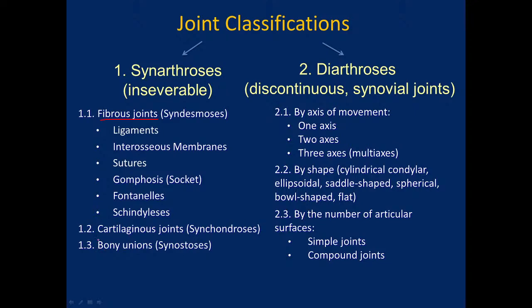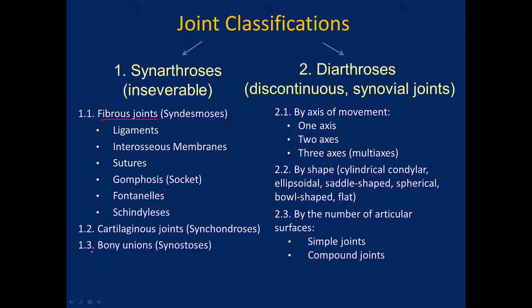Usually this tissue, I mean cartilage, is more rigid than fibrous connective tissue. So sometimes cartilaginous joints start from fibrous connective tissue and then transform into cartilage.